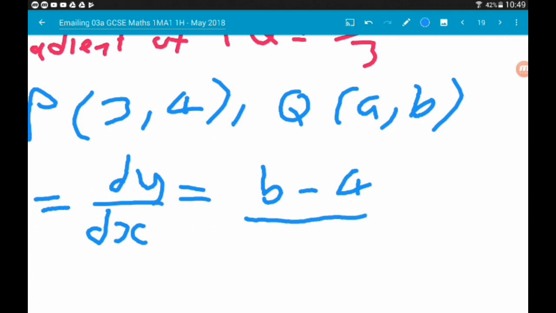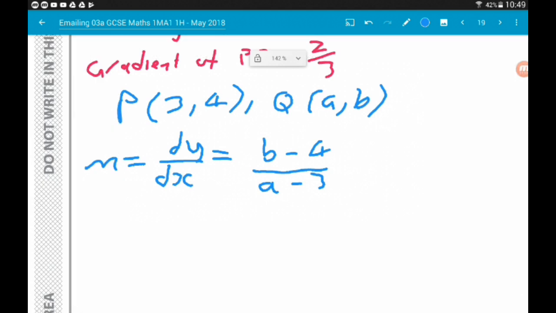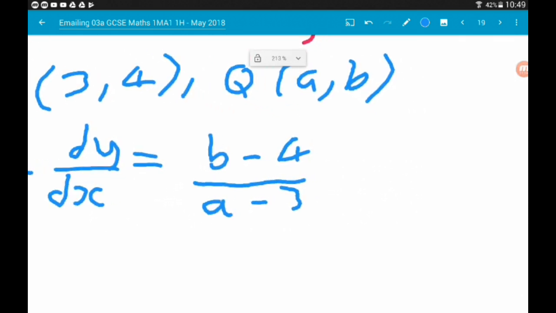Now because I've done b minus 4 on top, on the bottom I have to do a minus 3. So we also know then the gradient of PQ is b minus 4 over a minus 3. So that's an expression for the gradient in terms of b and a. We actually know the gradient is 2 thirds. So what we can now do is set these two things equal to each other.